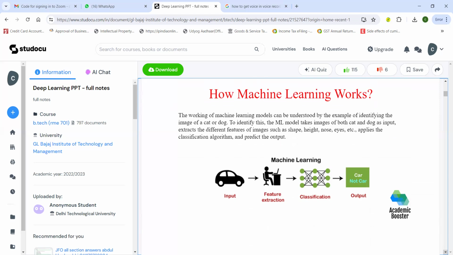To identify this, the ML model takes images of both cat and dog as input, extracts different features of the images such as shape, height, nose, eyes, etc., applies the classification algorithm, and predicts the output. As you are seeing in the slide, we have given input, then on the basis of feature extraction and after the classification model, we get the cat.